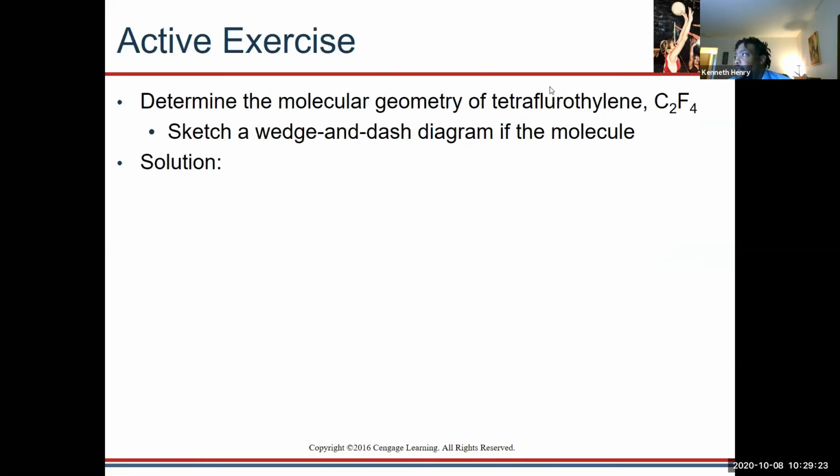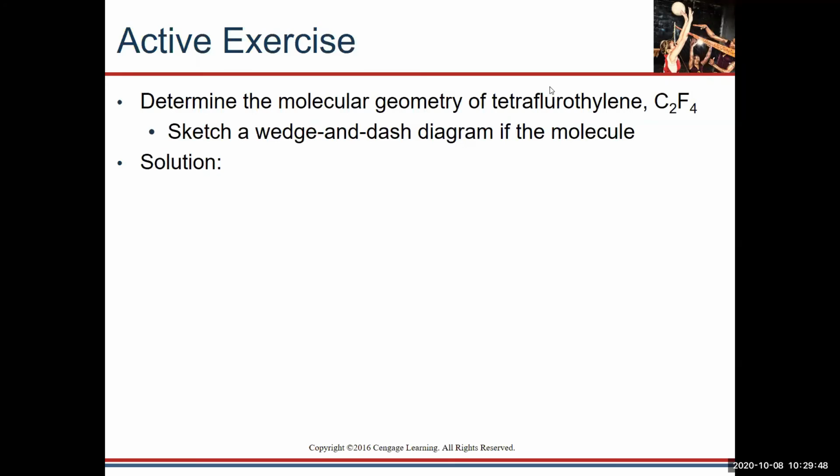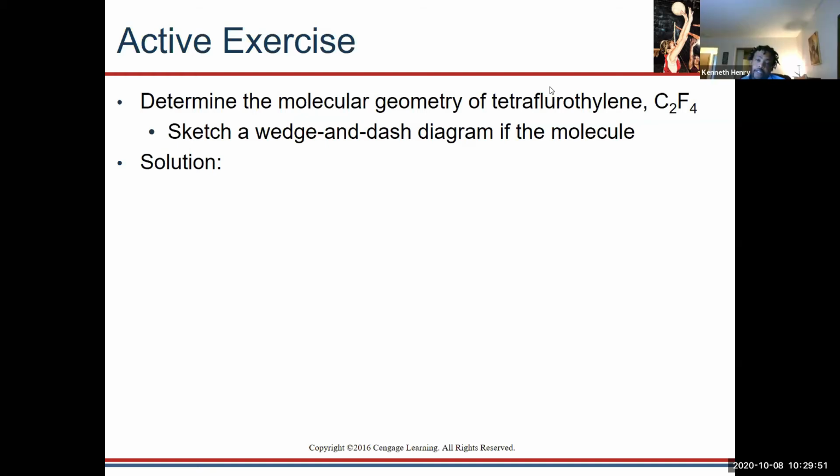For instance, here, C2F4. What is that going to look like? What is going to be the molecular geometry of each of the center atoms? Tetrahedral? Are you sure? The first thing you want to do is draw the Lewis structure. What does the Lewis structure look like for this compound?